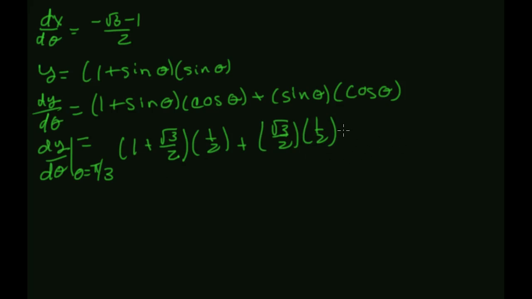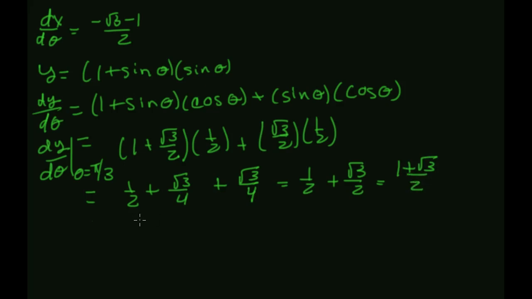Right, so let's simplify a bit here. That's a half plus root 3 over 4 plus root 3 over 4. Right, so that's going to give me a half plus root 3 over 2, which is 1 plus root 3 over 2.